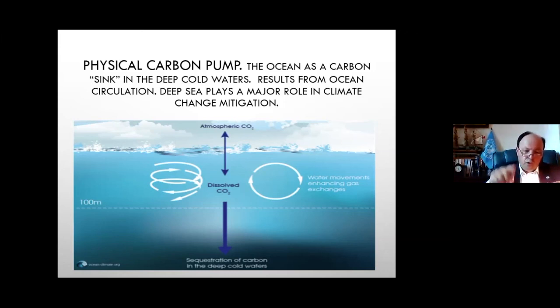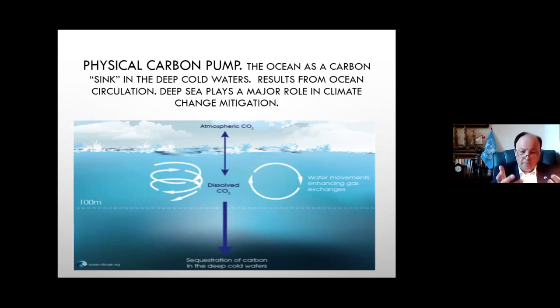Again, it's dissolved CO2, which is not captured by phytoplankton and all these microscopic creatures. It's by movements of water in the oceans. In the end, it's the sequestration of the carbon into the deep cold waters.